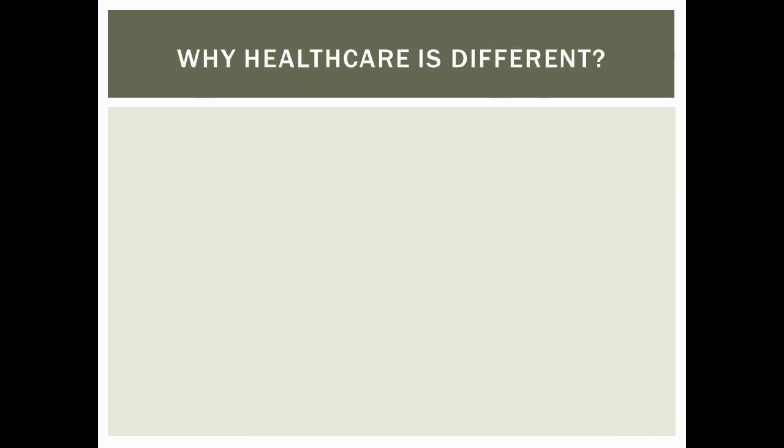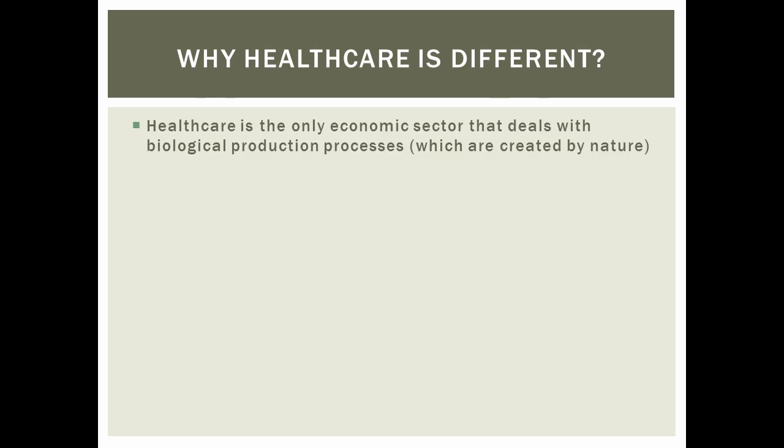Healthcare is different because the very nature and the function of the object of healthcare is completely different from all other sectors of the economy, because healthcare deals with biological production processes. I mean, processes that were created by nature.